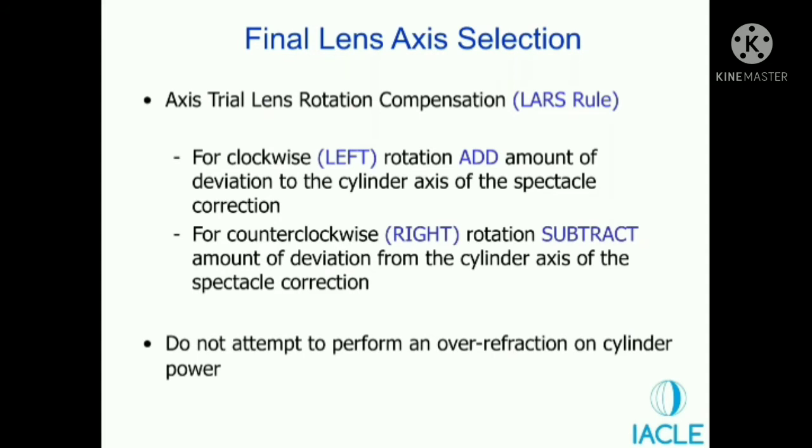You add that to what? To the spectacle cylinder axis. So in our condition, in the example we took, the axis was 180 degree. So whatever the rotation is, you add it to 180, and that will be your final lens prescription axis.